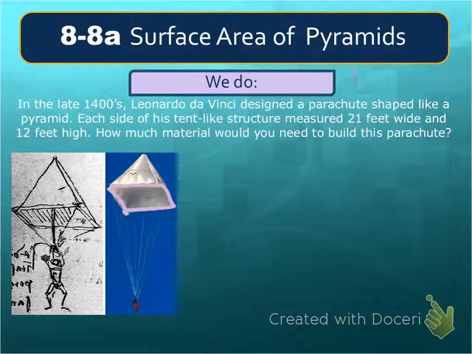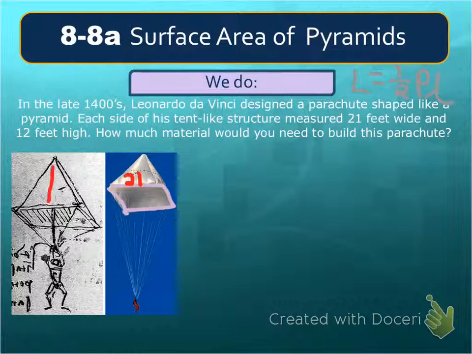And remember, the lateral area is equal to 1/2 times the perimeter times the slant height. So what information is given to us? Well, we know that it says it's 21 feet wide. So this number right here is going to be 21. And it says that it's 12 feet high.